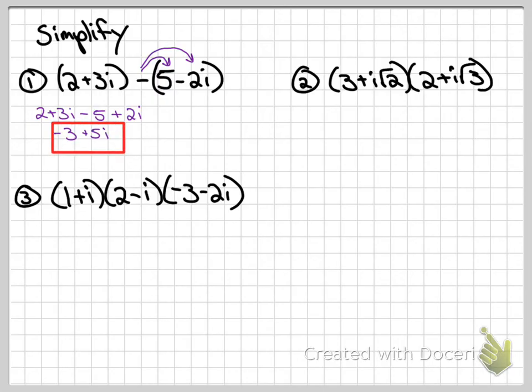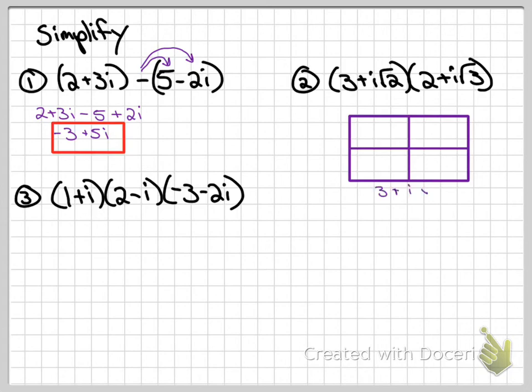Number 2, multiplying. I recommend using an area diagram. You're just multiplying two binomials together. 3 plus i root 2, 2i root 3.